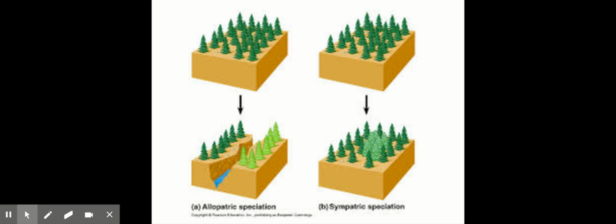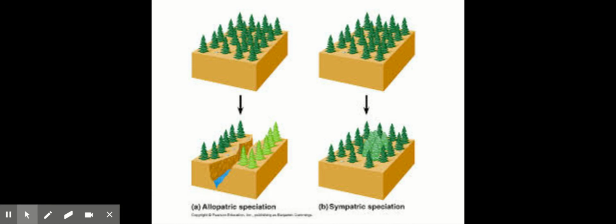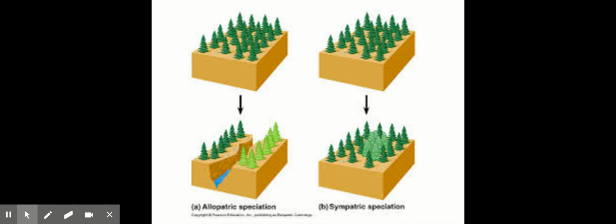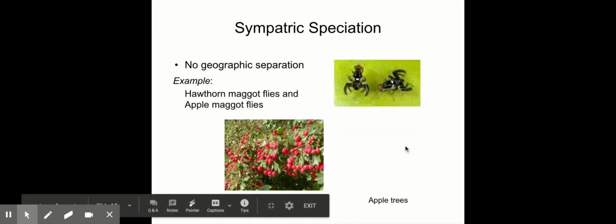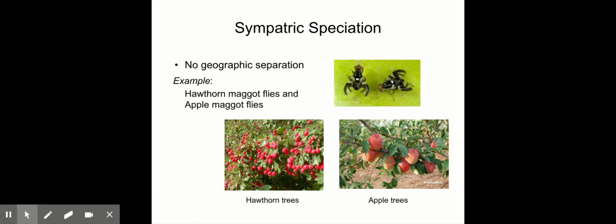This is when speciation can occur with populations that are coexisting in the same area, but due to some environmental pressure, they start diverging into two genetically distinct populations, which ultimately leads to reproductive isolation and speciation. So let's look at an example of sympatric speciation. And this is an example that is actually currently underway.